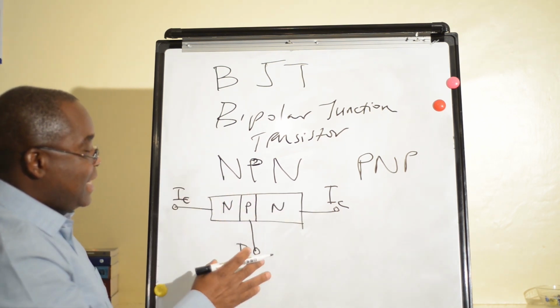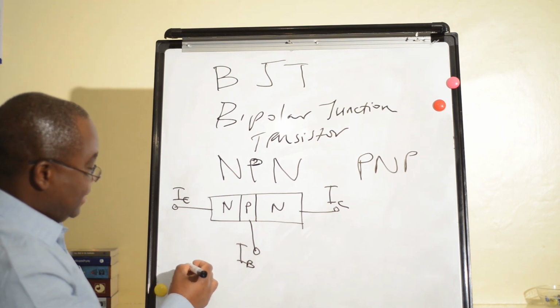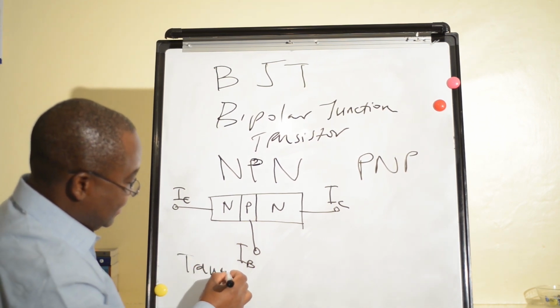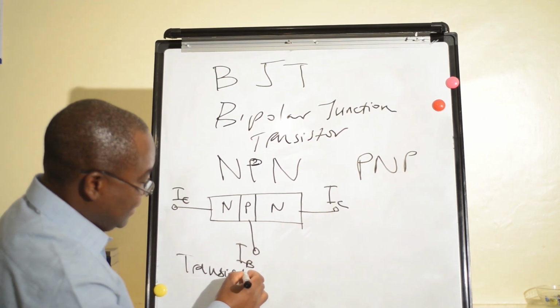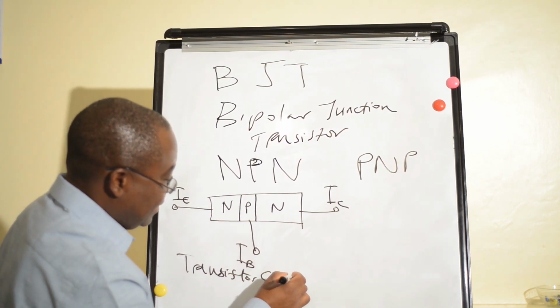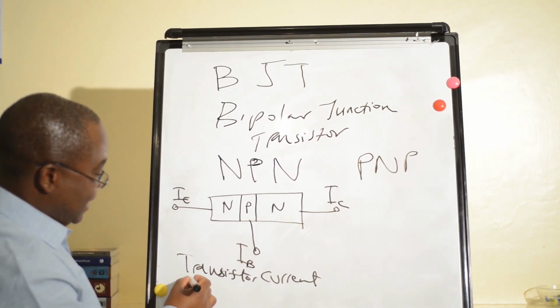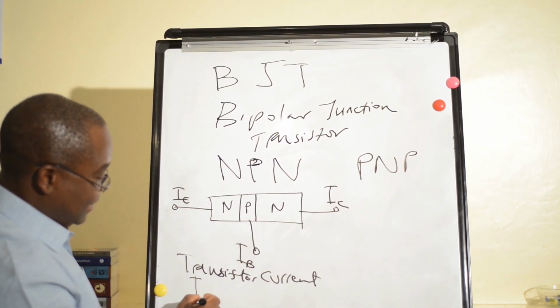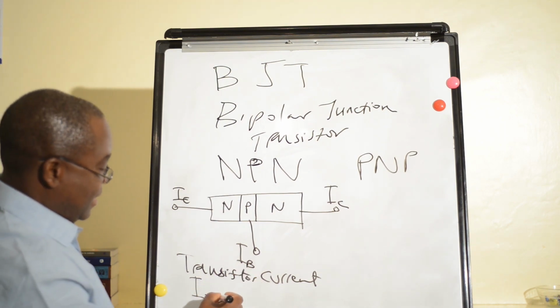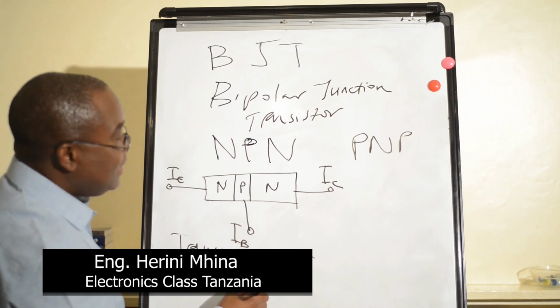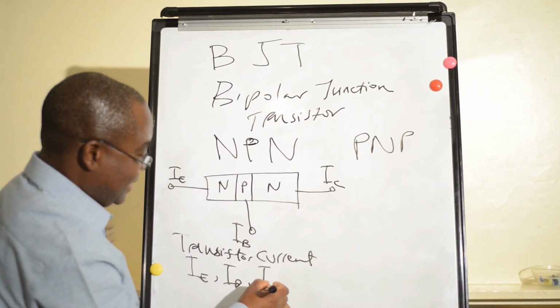A transistor has currents. The transistor currents are the emitter current, base current, and collector current.